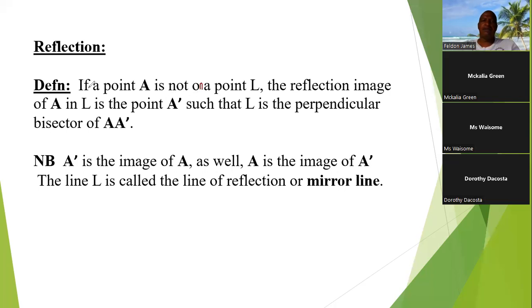All right, so if a point A is not on a line L, what that means, L will be your mirror line.